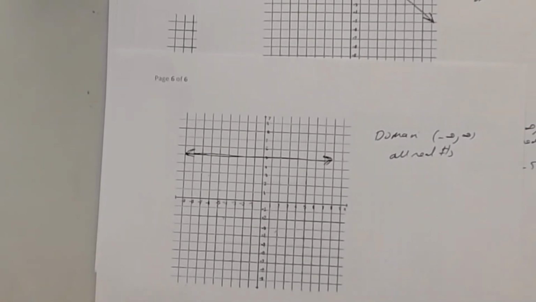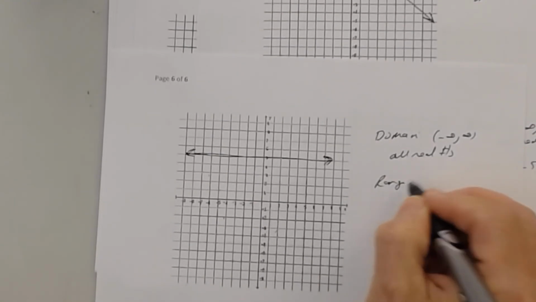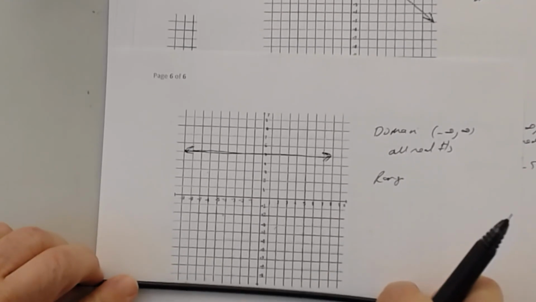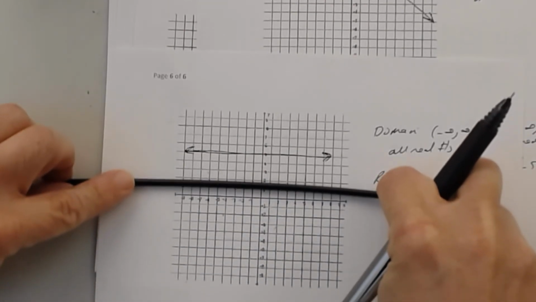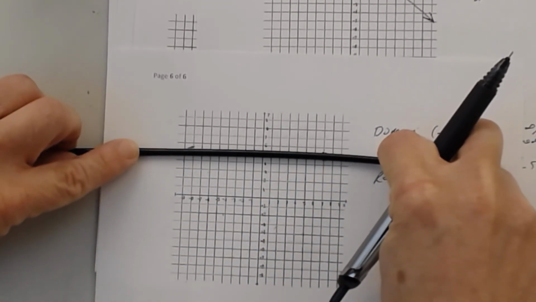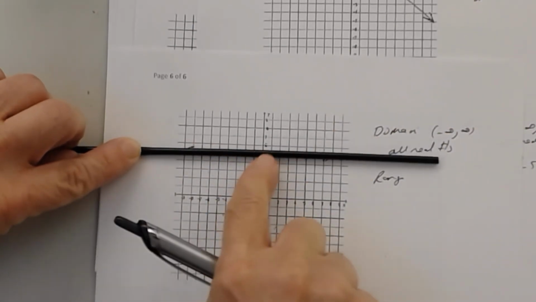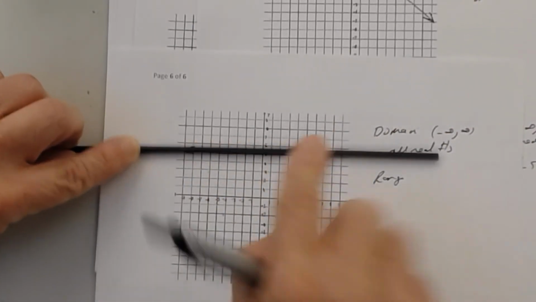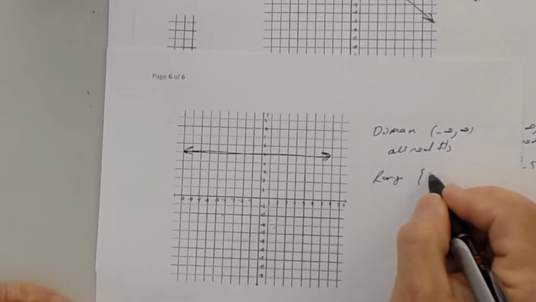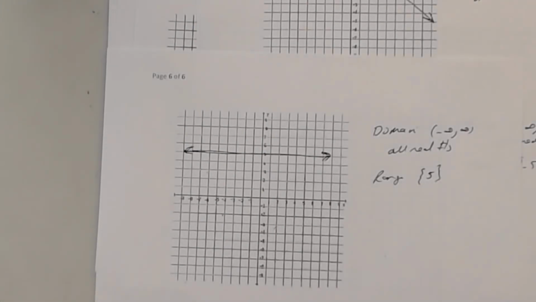All right, now let's talk about the range. For range, you go from bottom up. Tell me when I start touching the graph. Right here, and I stay there. Tell me what all these y values are. 5. So the range is just 5.